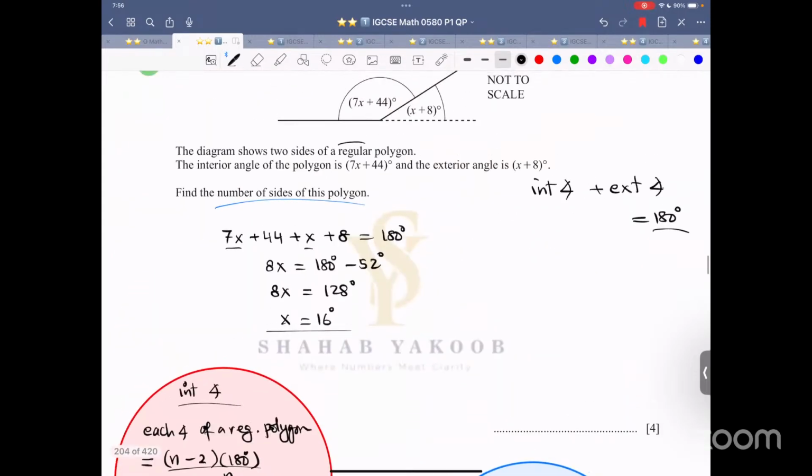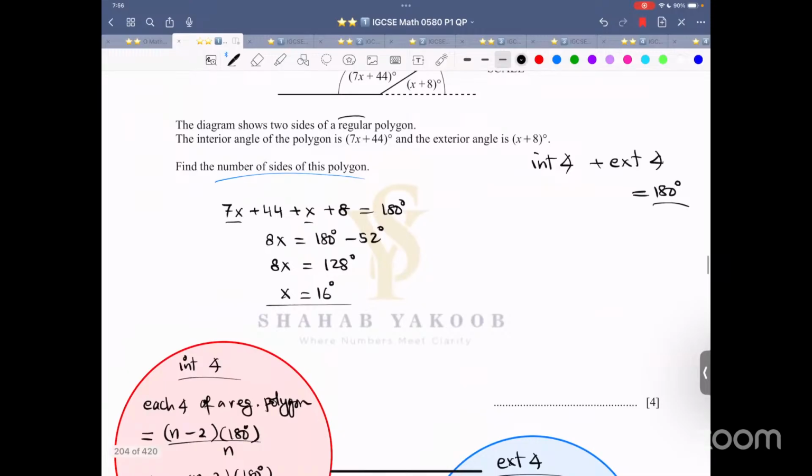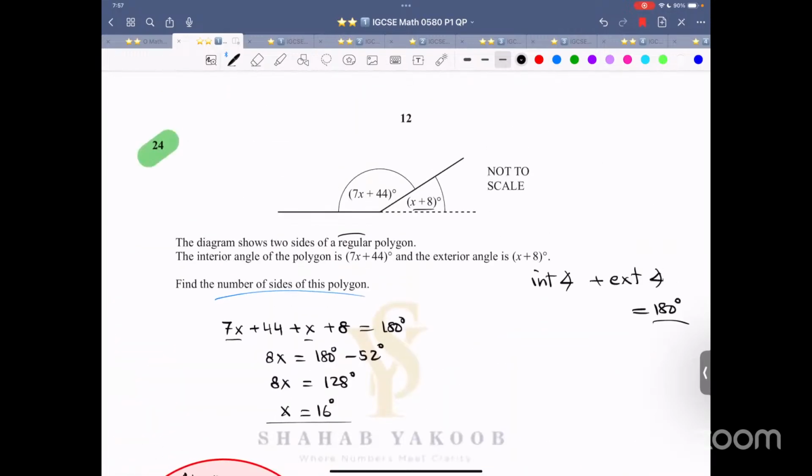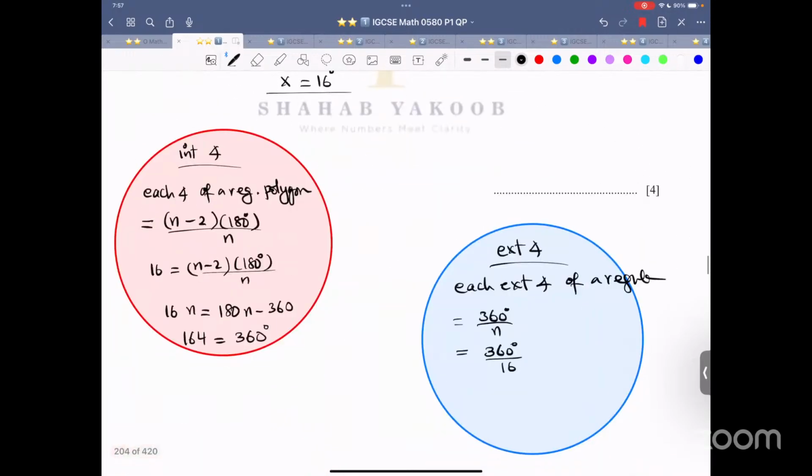I think I made a mistake somewhere. 7x plus x is 8x, 180 minus 44 minus 8, that is 128. 128 divided by 8 is x. Hold for a second. X plus 8 degrees, I forgot the 8. So let me remove this, my bad.